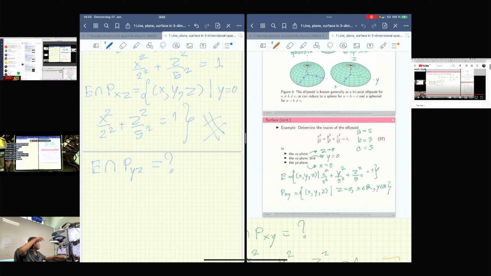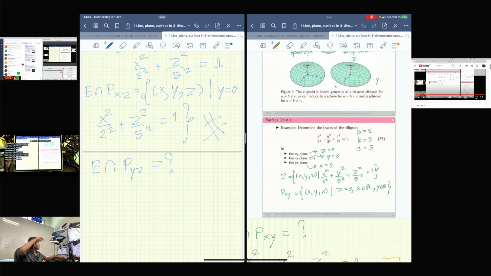And that's the answer for the third sub question. The full answer has to be the coordinates x, y, z, the set of points x, y, z where x is this and y is like this.